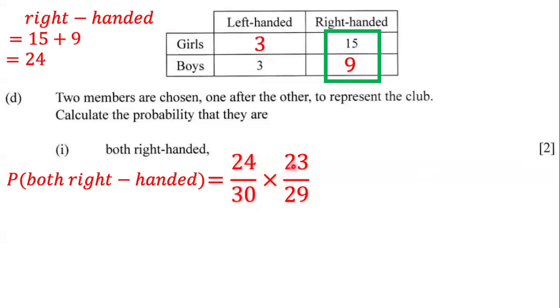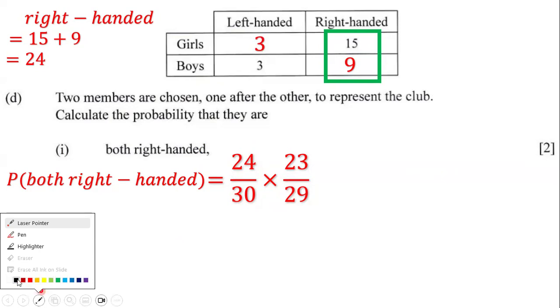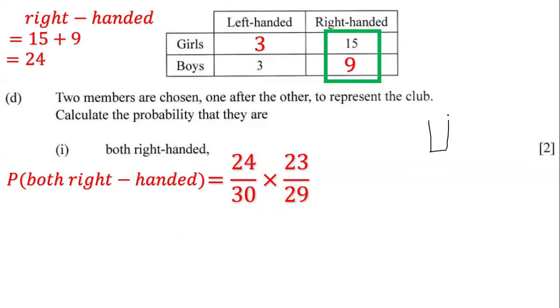And then the next one is 23 over 29. And the reason is because we are selecting 2 people, so we have this selection and this selection. So when we select this one from the right-handed, that means that it will no longer be 24. It would actually be 23 because 1 from the right-handed was selected.